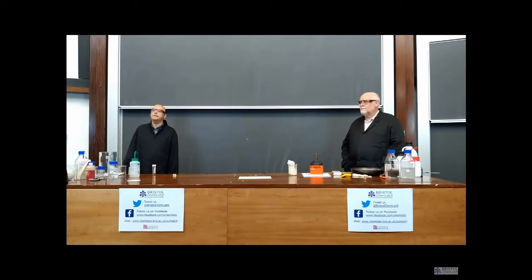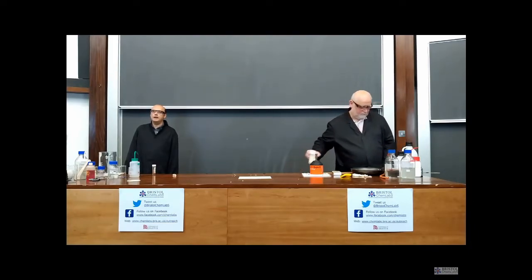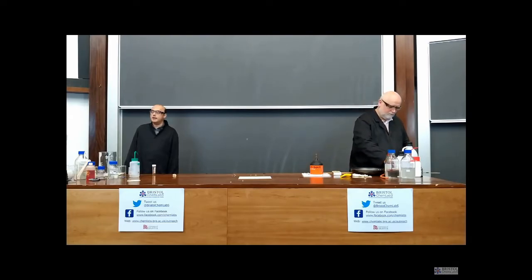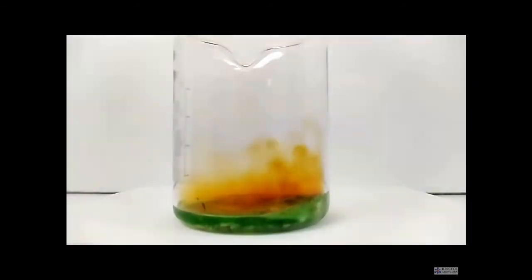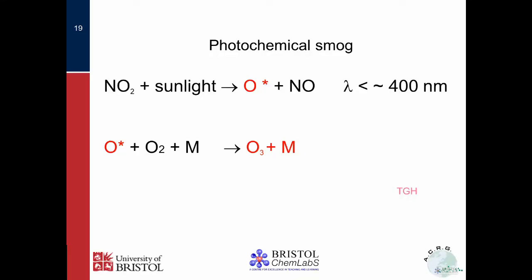And as a result of being in a vehicle, either a bus or a car, it's releasing nitrogen dioxide into the atmosphere. Now, Tim also showed you that nitrogen dioxide is a brown gas, and that means that it will absorb sunlight and it will break apart to form NO and O, and that O atom will add to O2 to form ozone.